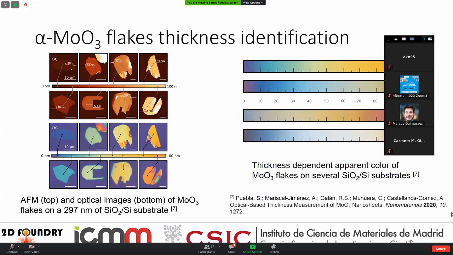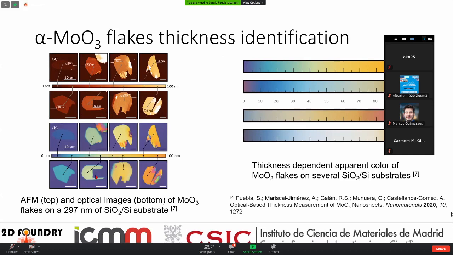So we find these experiments interesting enough to develop methods to speed up the thickness identification and the symmetry identification of the crystal. For example, we have placed molybdenum trioxide flakes onto a silicon dioxide substrate.